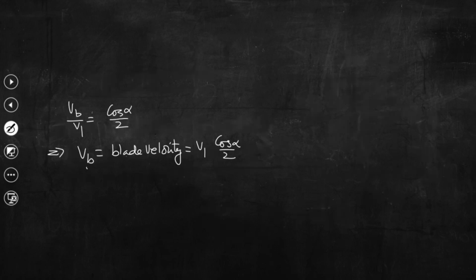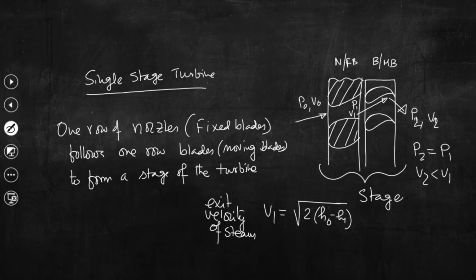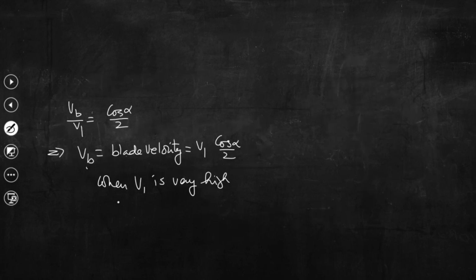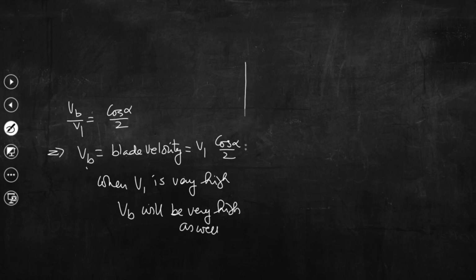Now, the question is, when V1 is very high, which is obvious because we would like to have the total enthalpy drop in this first stage, then VB will be very high as well. So, now if VB is very high, let me discuss here.